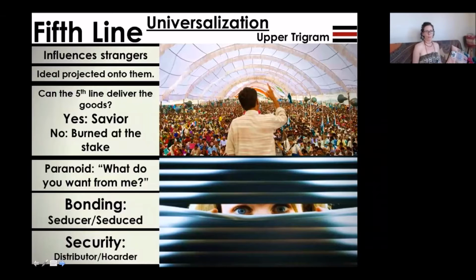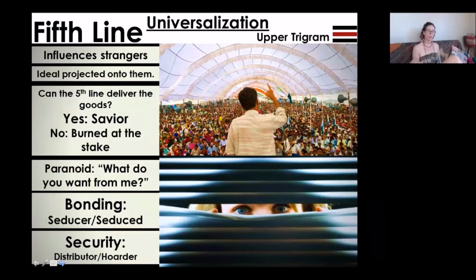One of the things about the 5 that I think would be kind of annoying, but I don't really know, I'm sure it's just how it is, is when the 5 delivers the good and provides a solution and does save someone else, it's not necessarily celebrated. It's just expected that they're going to be able to do it.